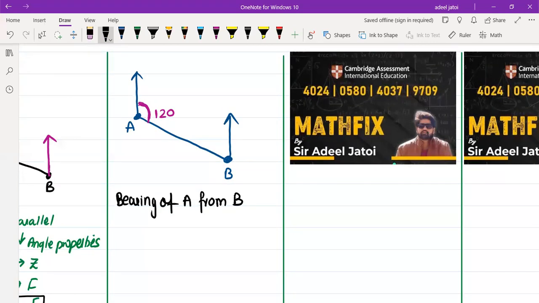So now you need to understand this, that from B means north of B, and north of B means going towards north.